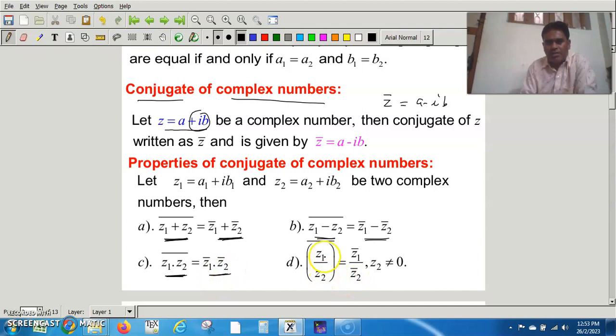Similarly, in division, conjugate of Z1 by Z2 is equal to conjugate of Z1 divided by conjugate of Z2, but provided that Z2 should never be 0. If it becomes 0, then we can't define the conjugate of the division of two complex numbers. So this is the condition which should be followed.